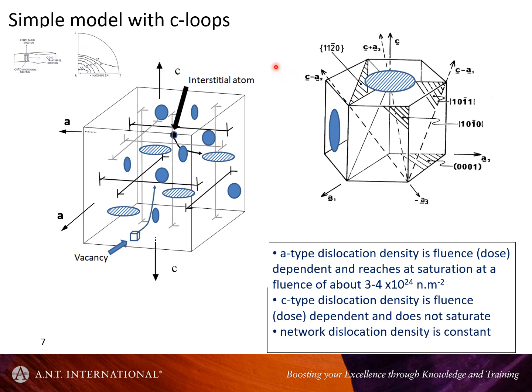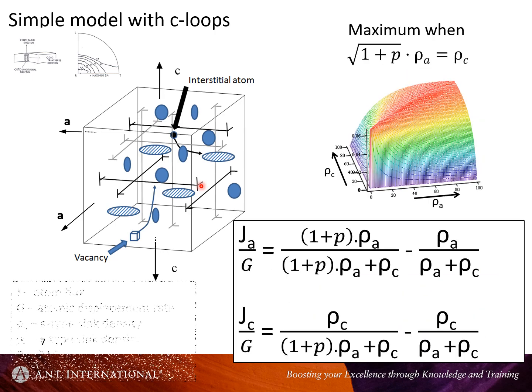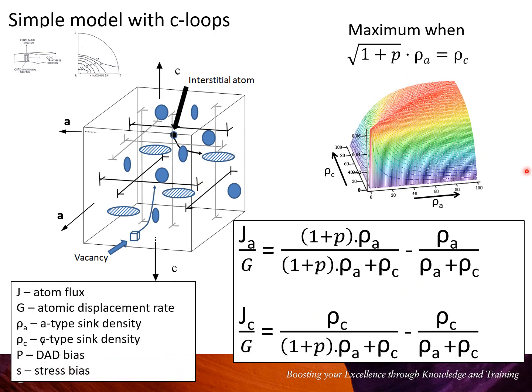And one builds up a model when you construct a microstructural framework. Here's a simple framework where I'm looking at the fluxes per unit atom displacement, and this G is the damage rate, dependent on the density of the A-type dislocations and C-type dislocations.